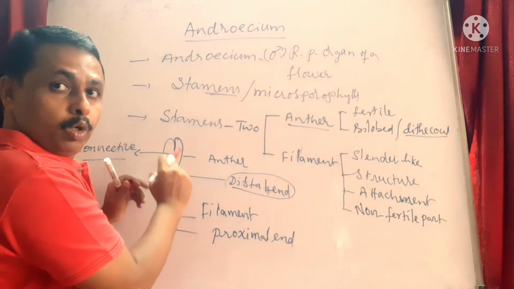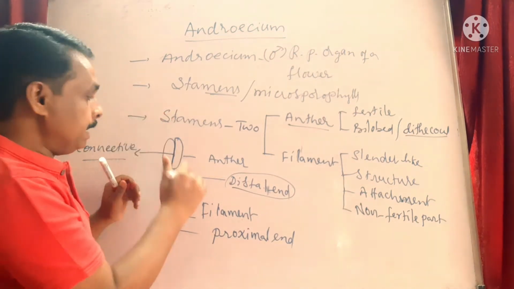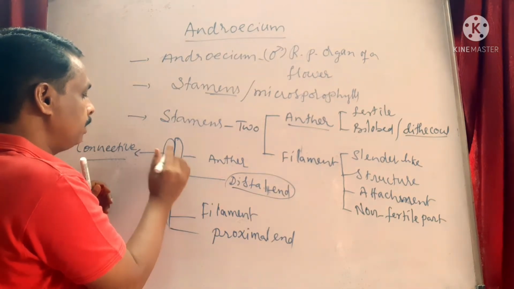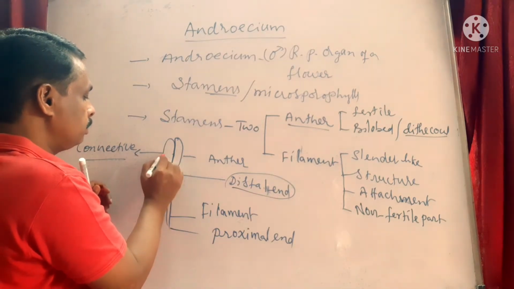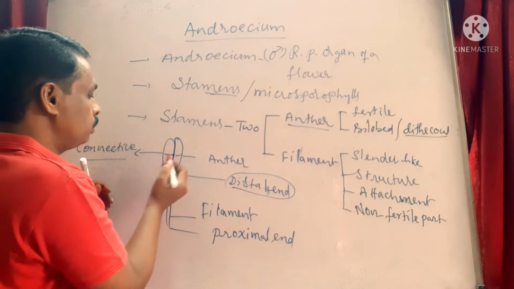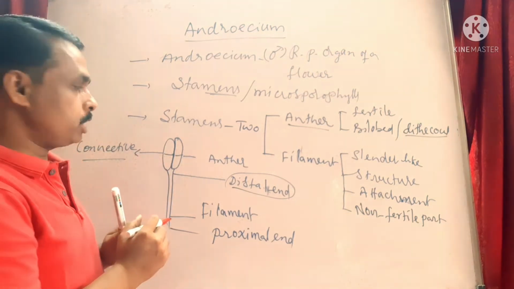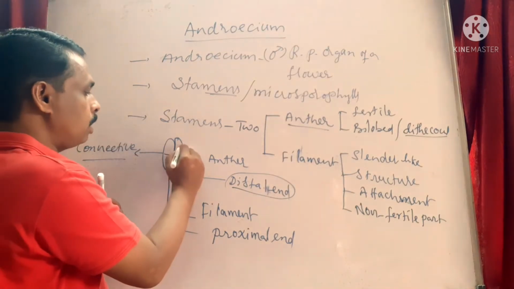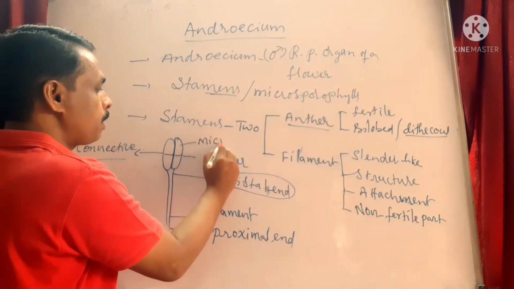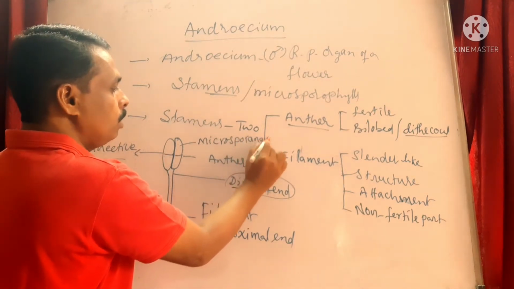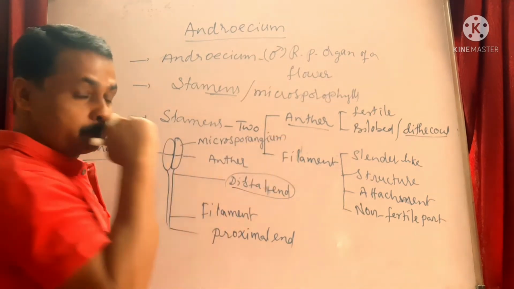Each lobe is internally divided into two chambers. Those chambers are called microsporangia.